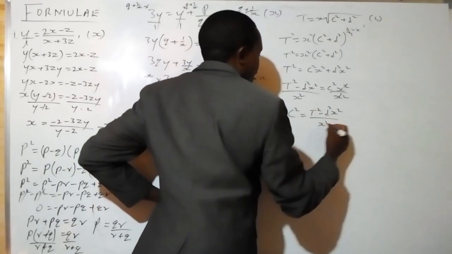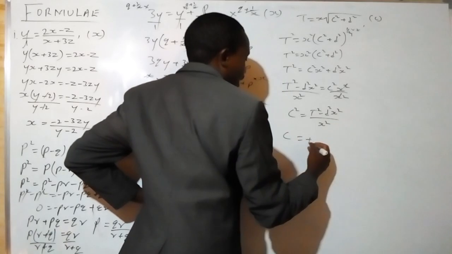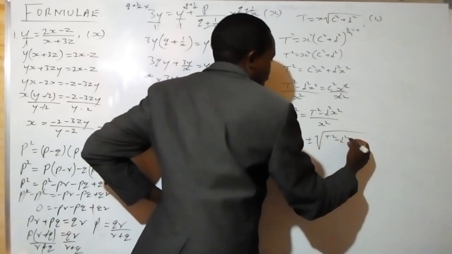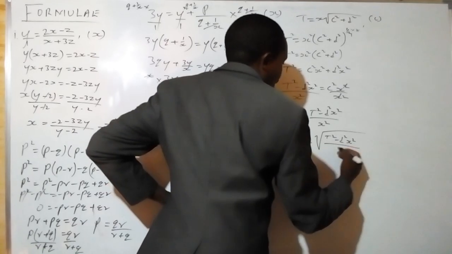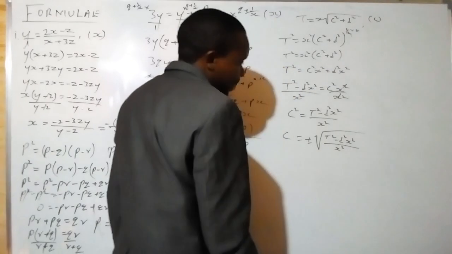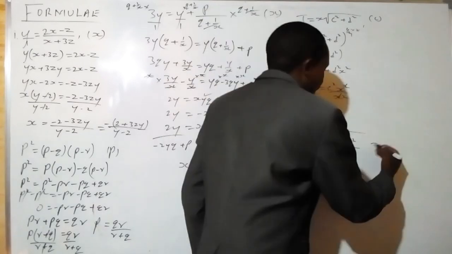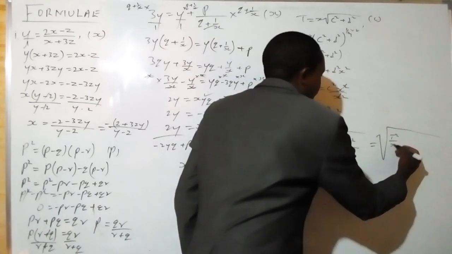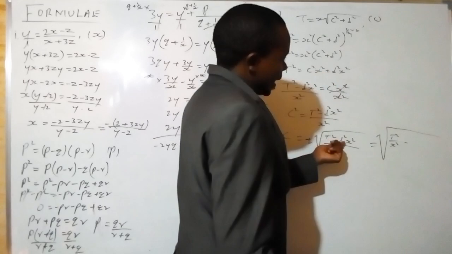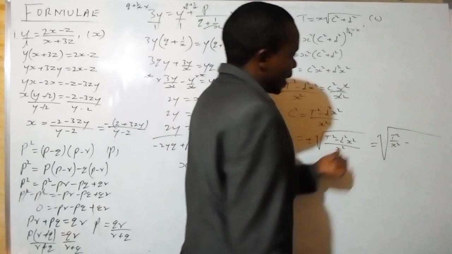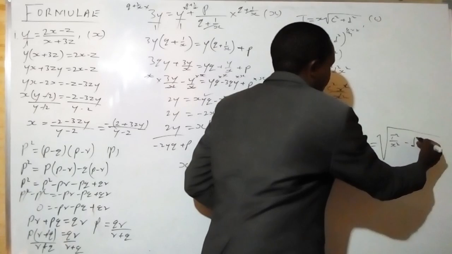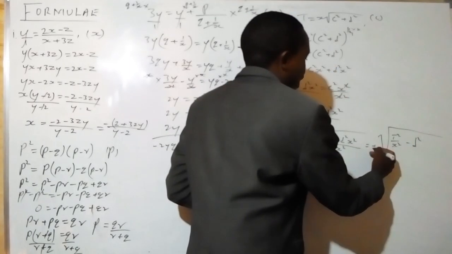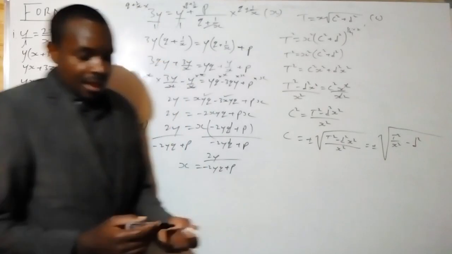C will be plus or minus the whole of this t squared minus d squared x squared all over x squared, and this is the same as root of t squared over x squared minus d squared. x squared divided by x squared will be left with d squared, and you are supposed to leave your answer as plus or minus. That's how you are supposed to do that.